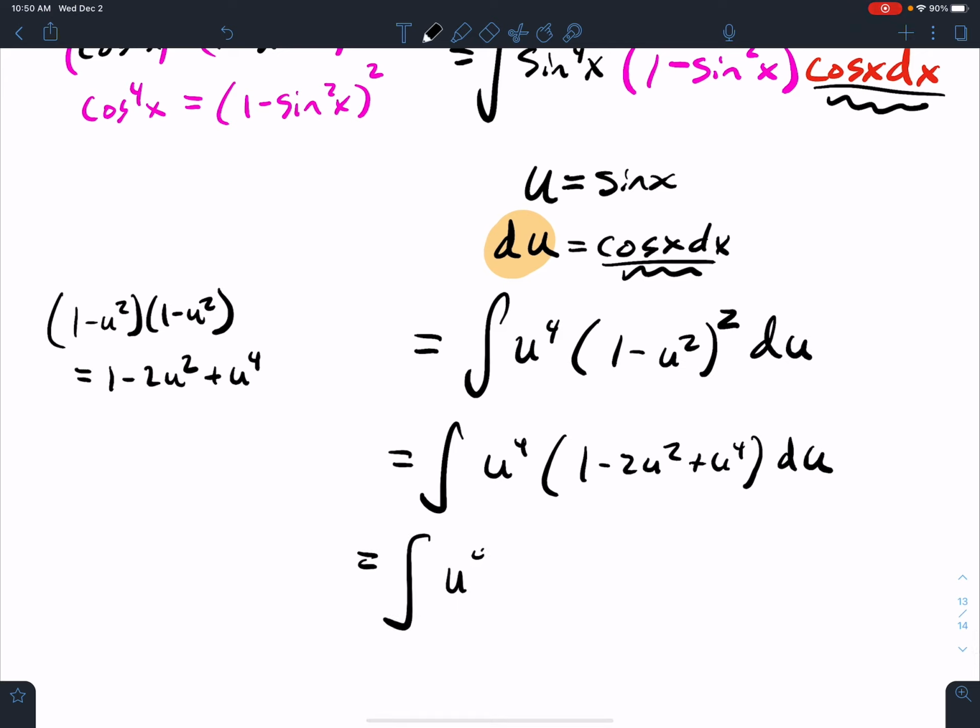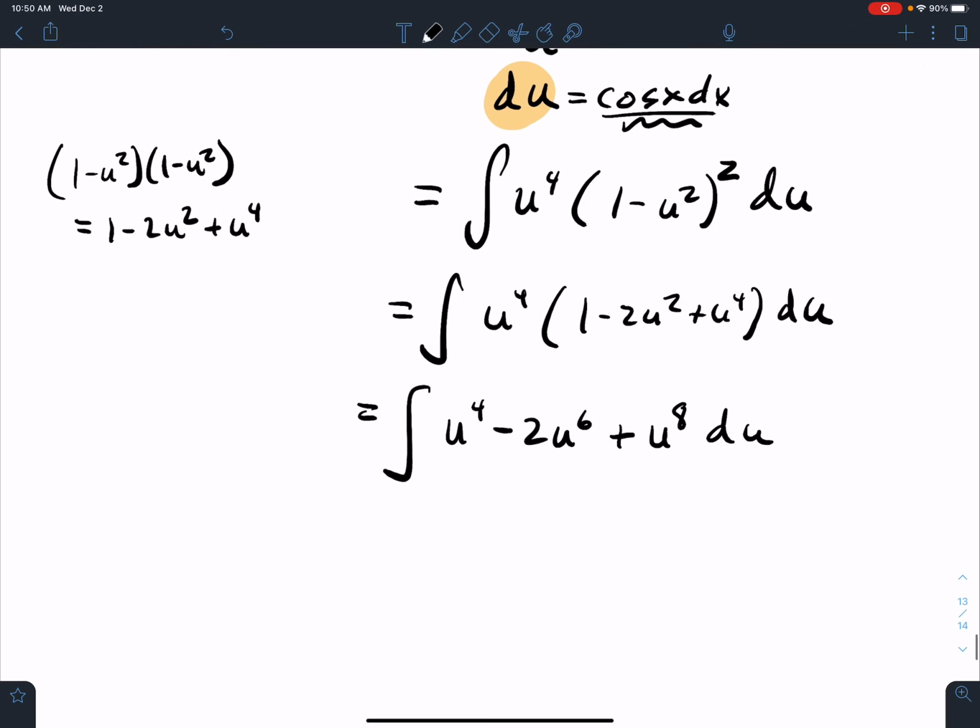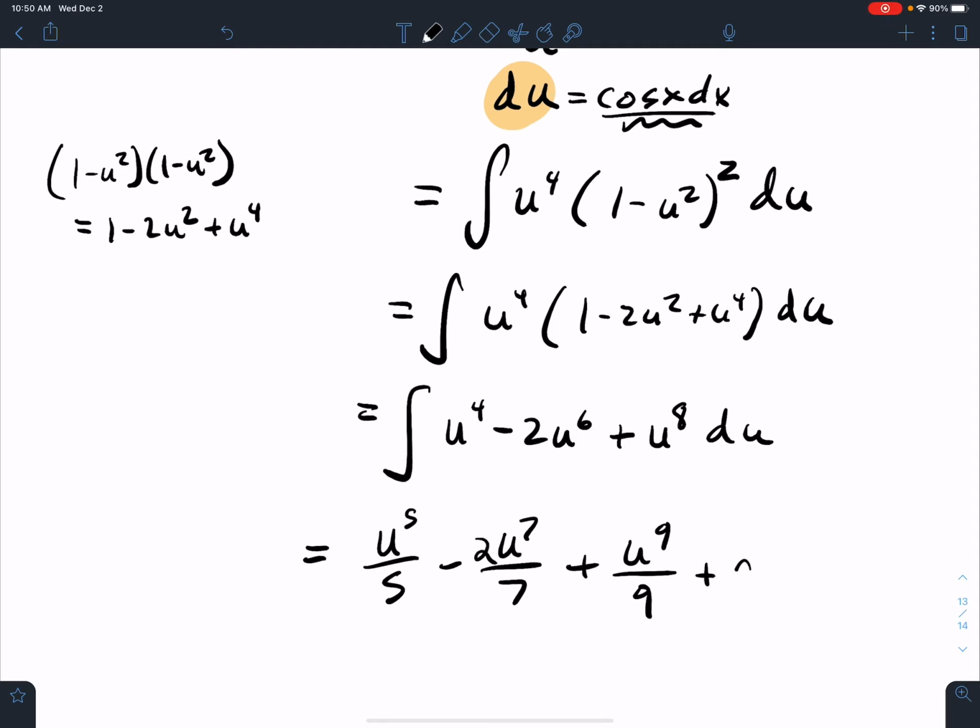I get u to the fourth minus 2u to the sixth plus u to the eighth. And let's see here. When I integrate, I'm going to get u to the fifth over 5 minus u to the seventh over 7 times that 2 there. And then u to the ninth over 9 plus c.